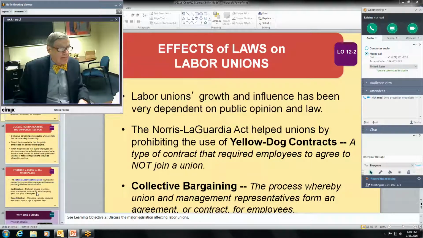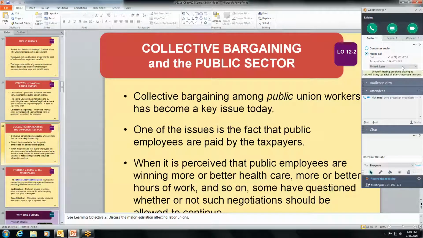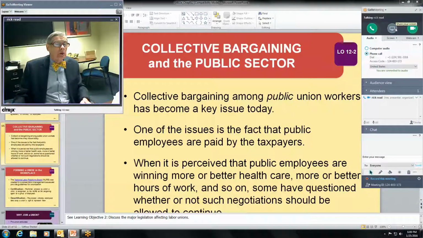Collective bargaining, we know, among public workers has become an issue. And again, we're paid by taxpayers. And there's some yin and yang about that. I really don't like to talk too much about it, because we're making a scapegoat out of people.